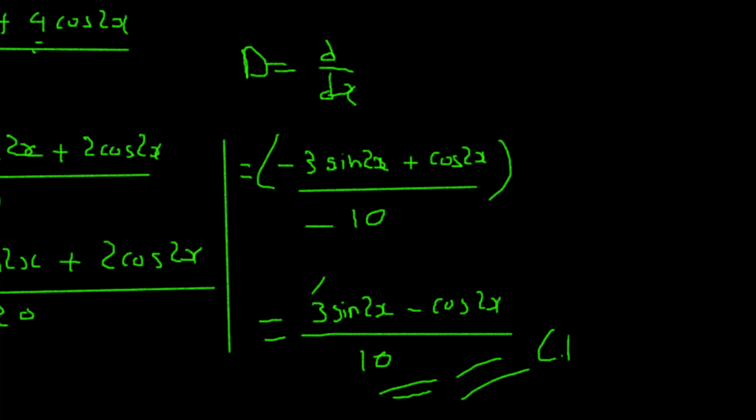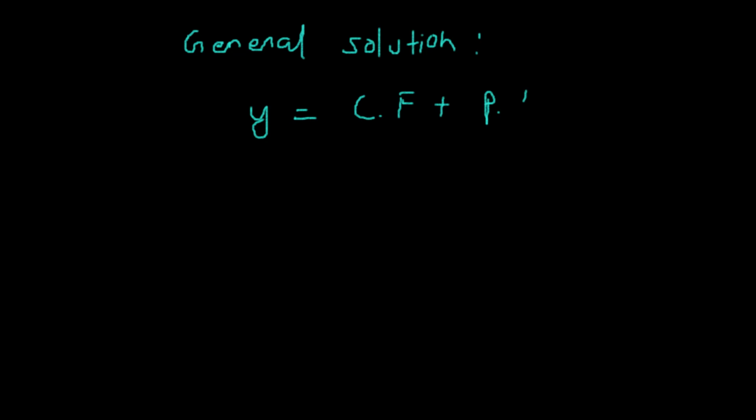This is our PI, and the general solution equals CF plus PI. So you should never forget to write the general solution. It will give you full marks when you write this thing. So let me just write this general solution. You can denote this as y also, equals CF plus PI.